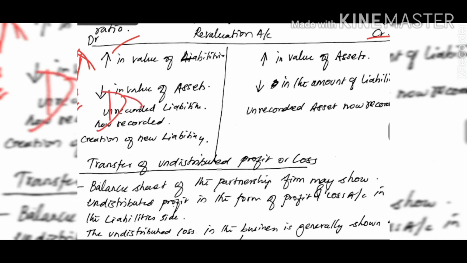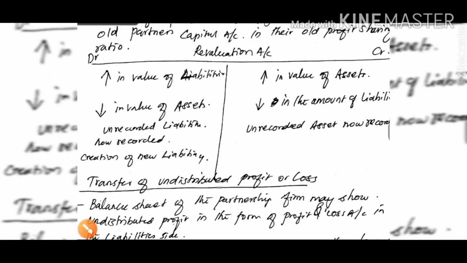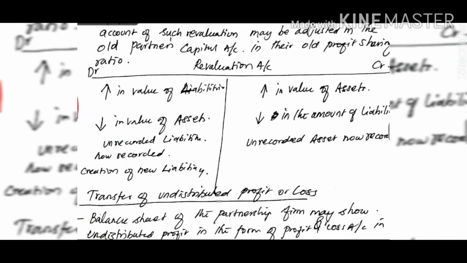When the value of asset increases or the value of liability decreases, then it is credit. Again I repeat, the value of liability increases and the value of asset decreases, you have to put it debit.